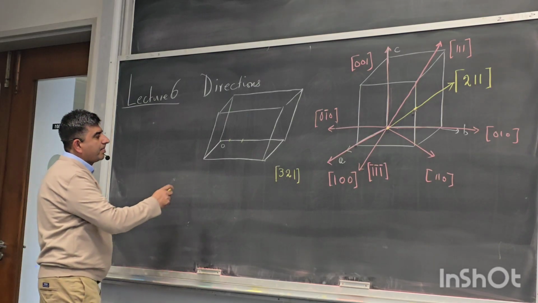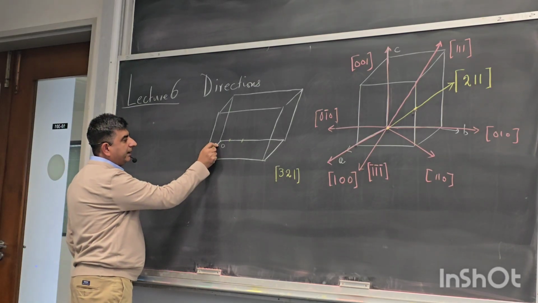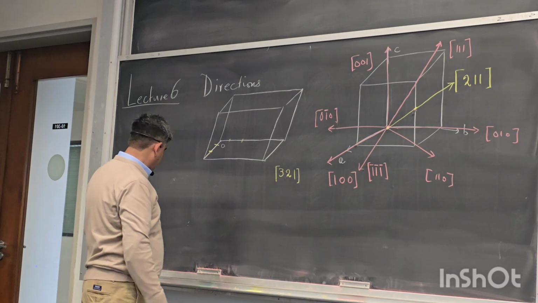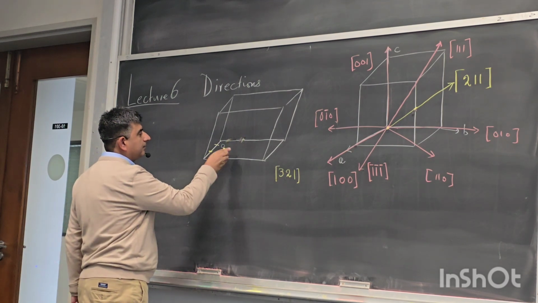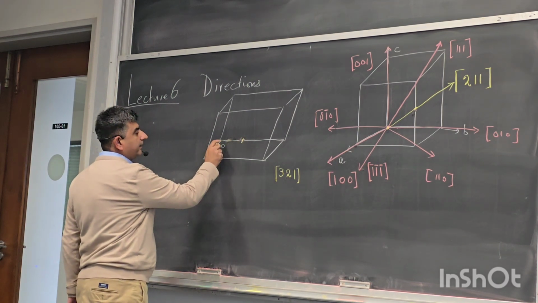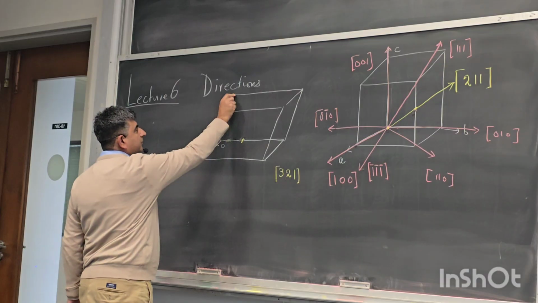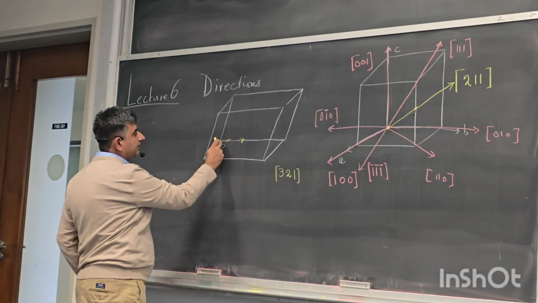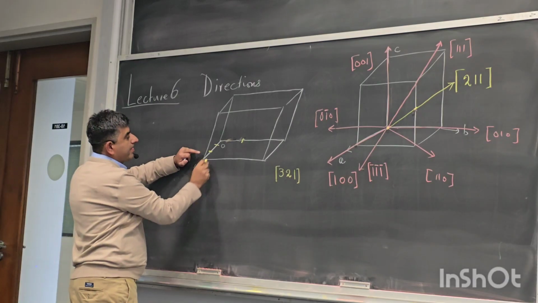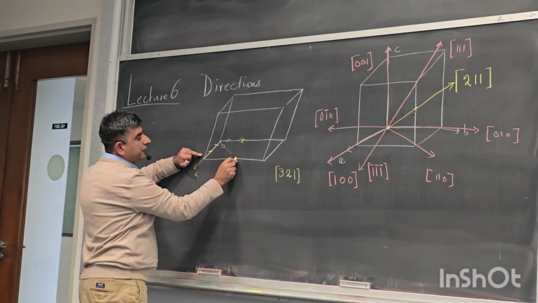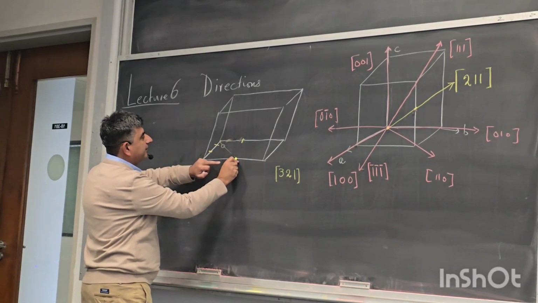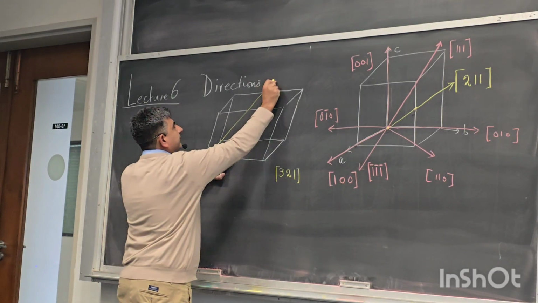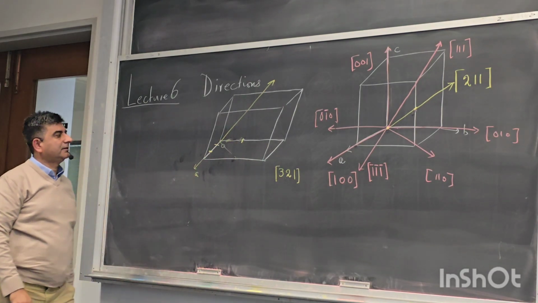So what I can do is break this up into 3 parts. Break the b-axis into two parts, and this into just one part. So when you have moved 3 units along the a-axis, you have moved 2 units along the b-axis and 1 unit along the c-axis. So this is this particular direction, [3, 2, 1].